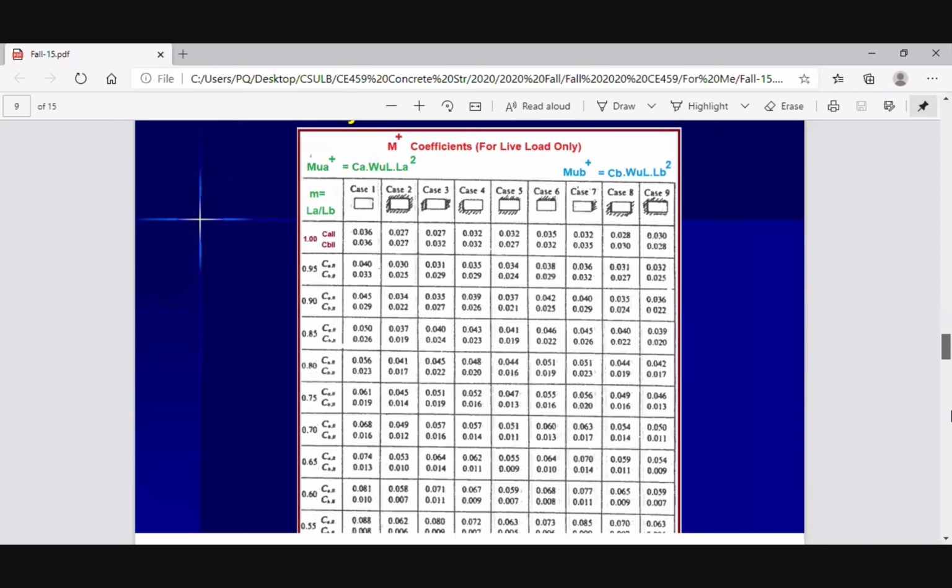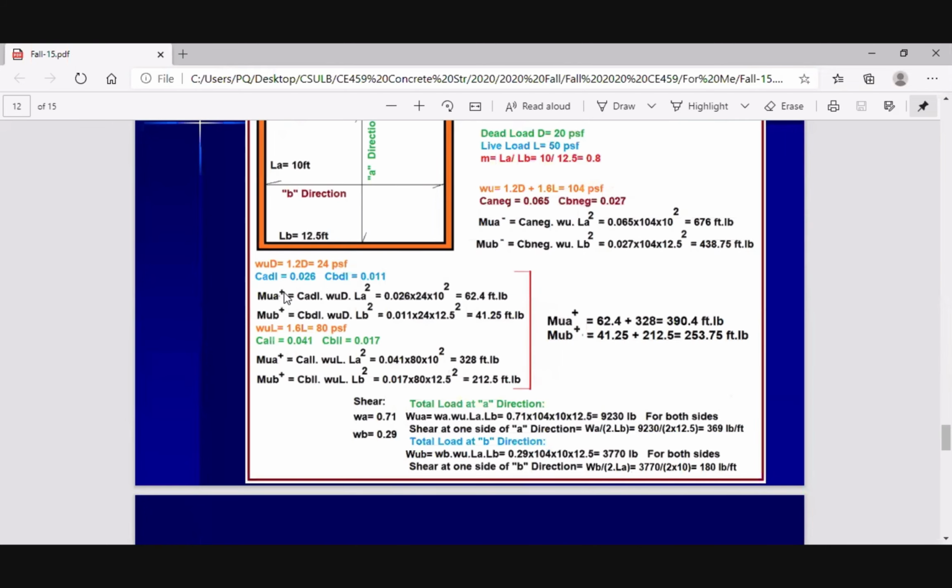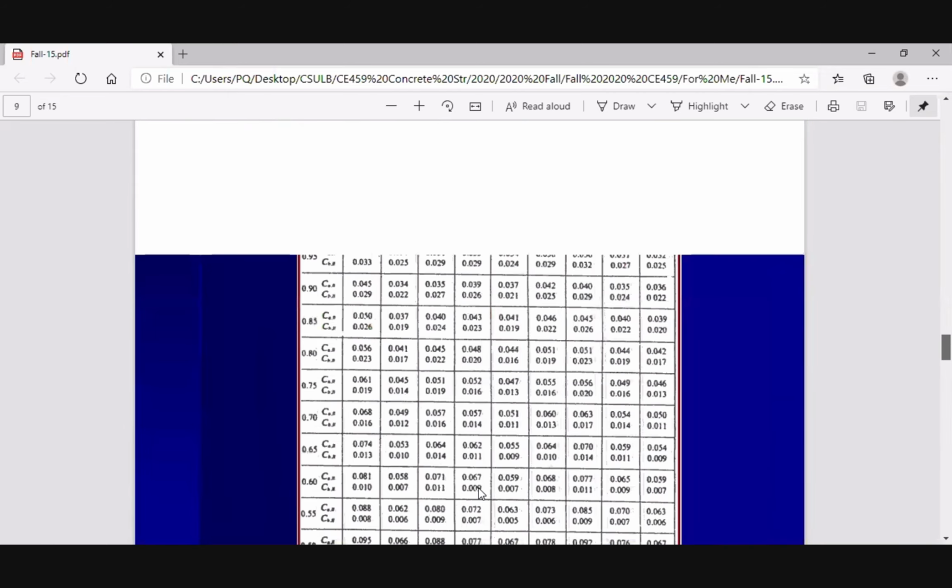Then, as you might remember, let me go again to read these two numbers from that table to make sure that we have the correct one. M positive for the dead load, you have 0.026 and 0.011.